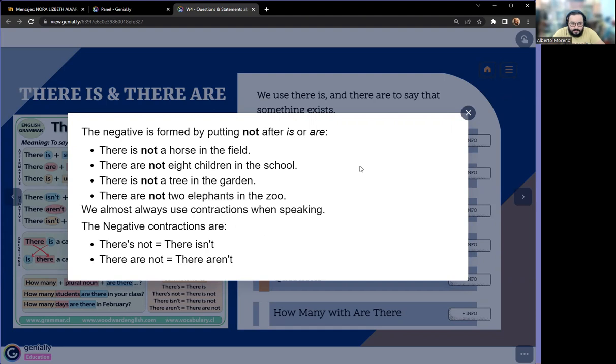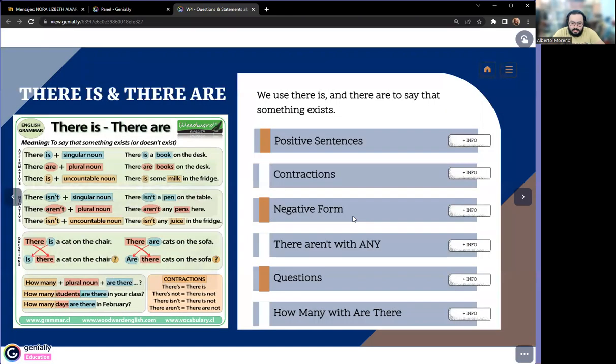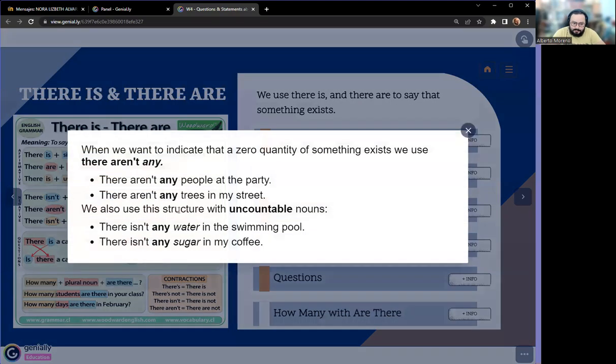Okay, so those are the negative forms for there is and there are. We can use there aren't with any. When we want to indicate that zero quantity of something exists, we use there aren't any. There aren't any people at the party.